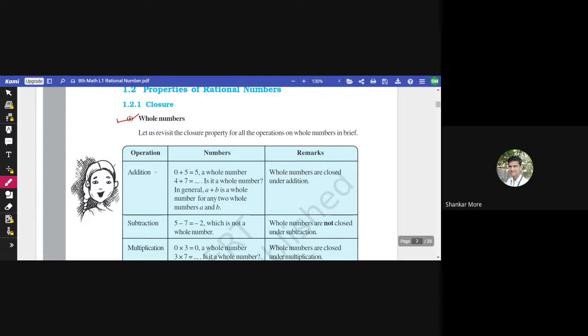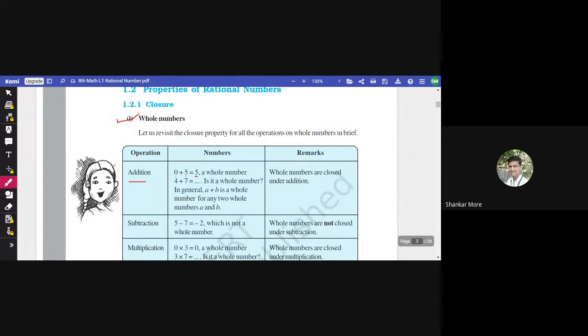So the first operation that we are going to perform on the whole numbers is addition. Okay, so see, 0 is a whole number and 5 is also a whole number. So if we add these two, like see, we are performing the operation of addition, right? So 0 plus 5 is going to be 5. So see, these two numbers are whole numbers, and when we add them, the result is also 5, and that is also a whole number.